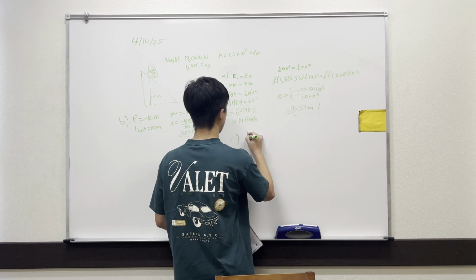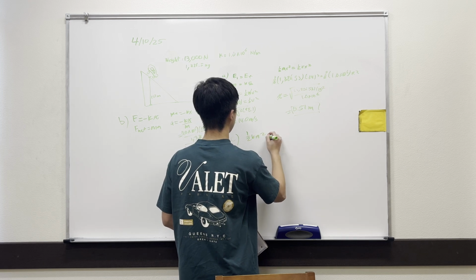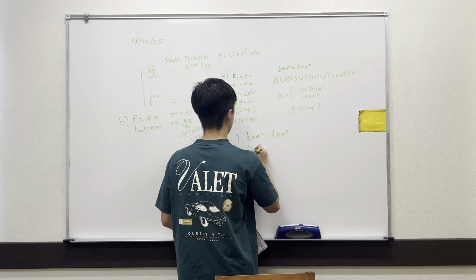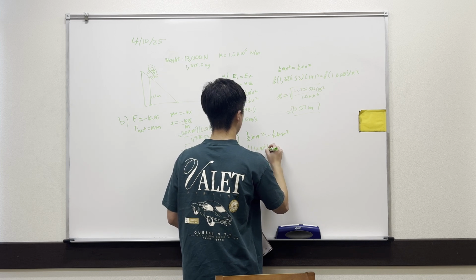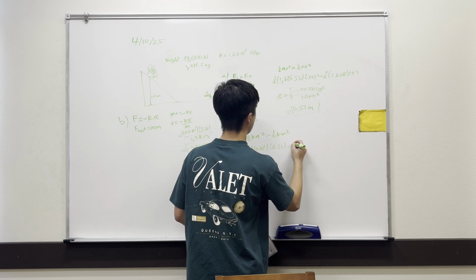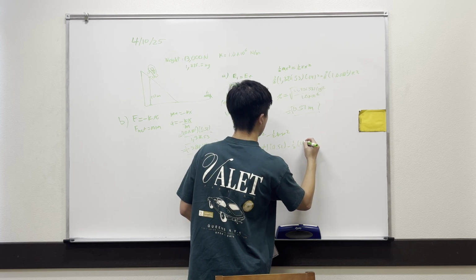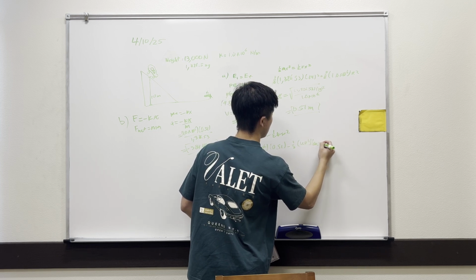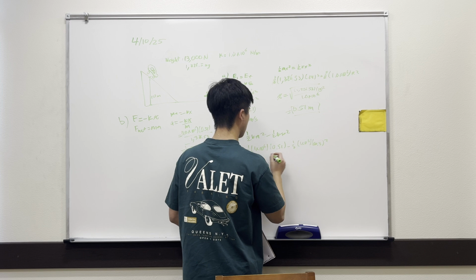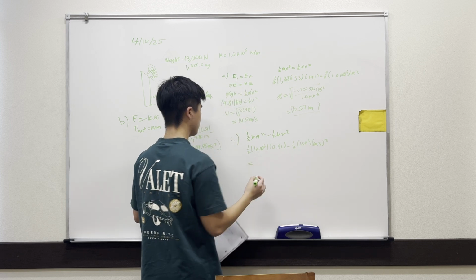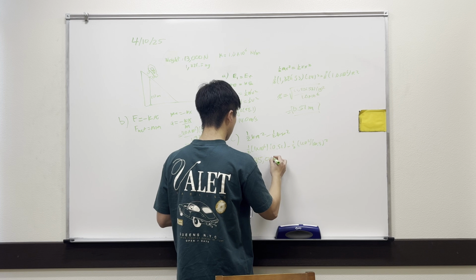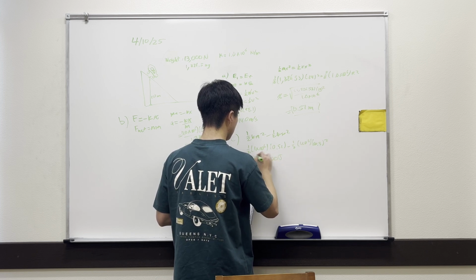So that would be 1/2 kx squared minus 1/2 kx squared, this one with 0.51, and this one with 0.3. This difference comes out to 85,000 joules.